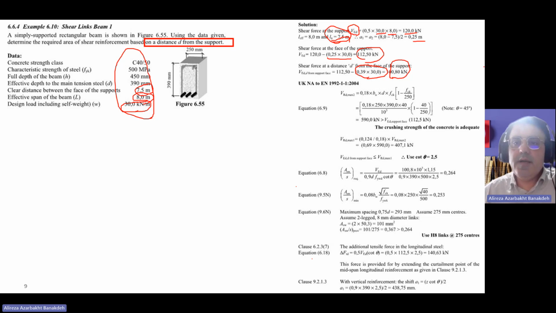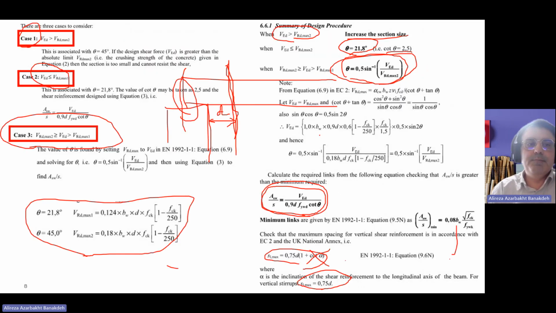When you come up with this value for your shear design, you need to calculate VRD max 2 and max 1, and they are 407 and 590. So as you see, your design value, which is 100, is less than both of them. So we are in case number 2 among this slide.